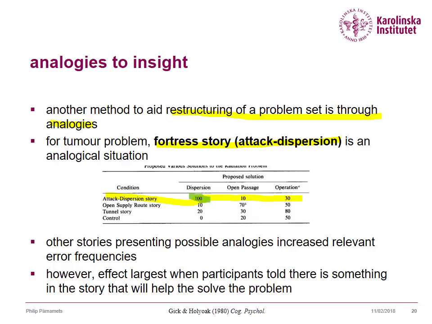But the researchers also gave other stories about how the general defeated the dictator, and these were stories that mirror common mistakes or common alternative solutions that participants come up with for the tumor story, such as trying to do a complex operation, which was analogized by digging a tunnel under the castle.